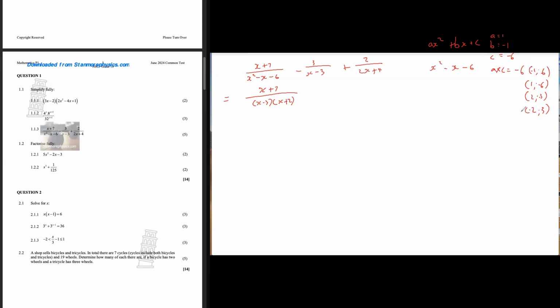So now we're going to look at which of these must sum to -1. If we add up these two, we get 5, so definitely not that. If we add up these two, we get -5, so definitely not that. If we add up these two, we are going to get -1. So this is the pair that we're looking for.